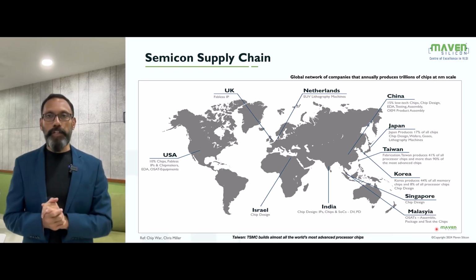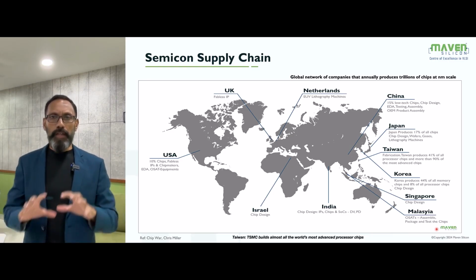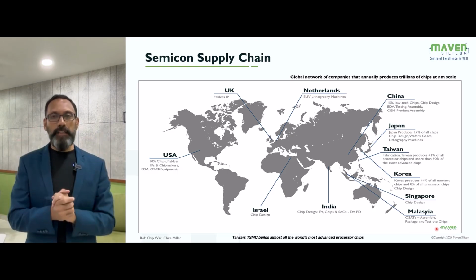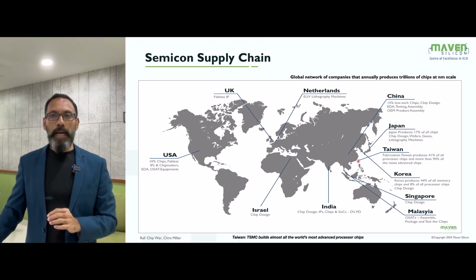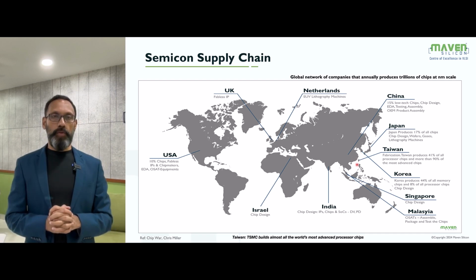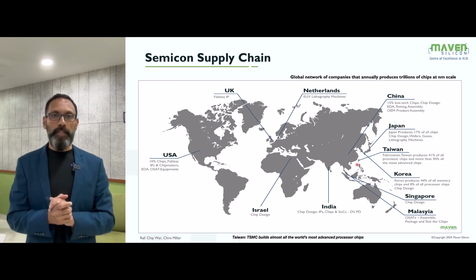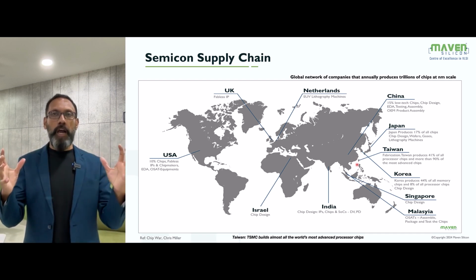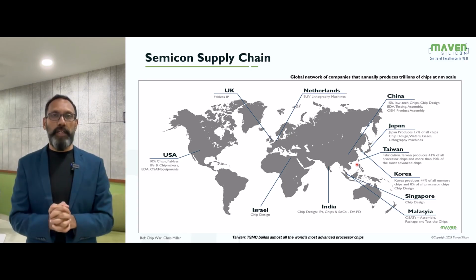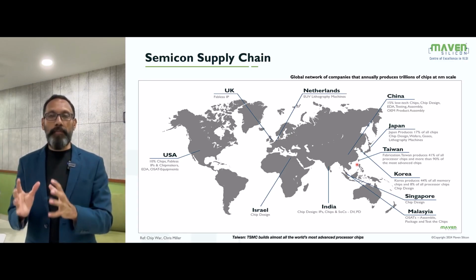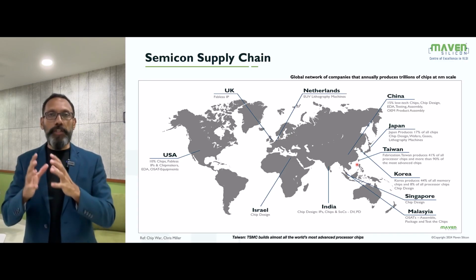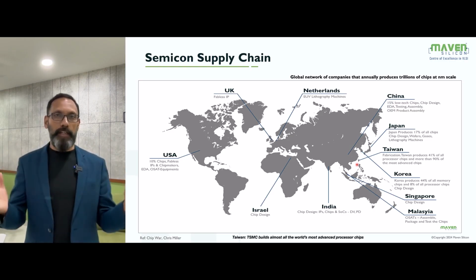Now, one thing I would like to share with you. If you consider the fabrication, mostly it happens in Taiwan. So, what's happening in the world is actually the entire world is looking at how to balance the supply chain. Instead of doing everything in one place, can we distribute it across various countries?